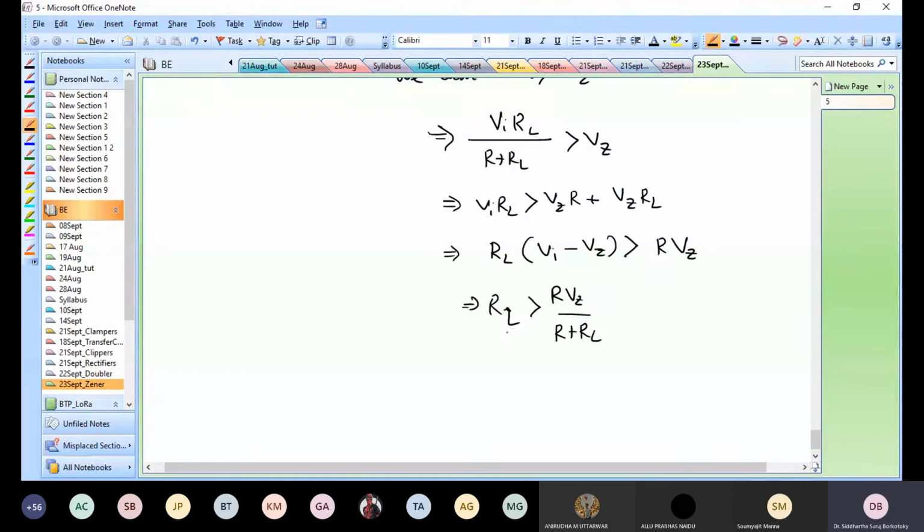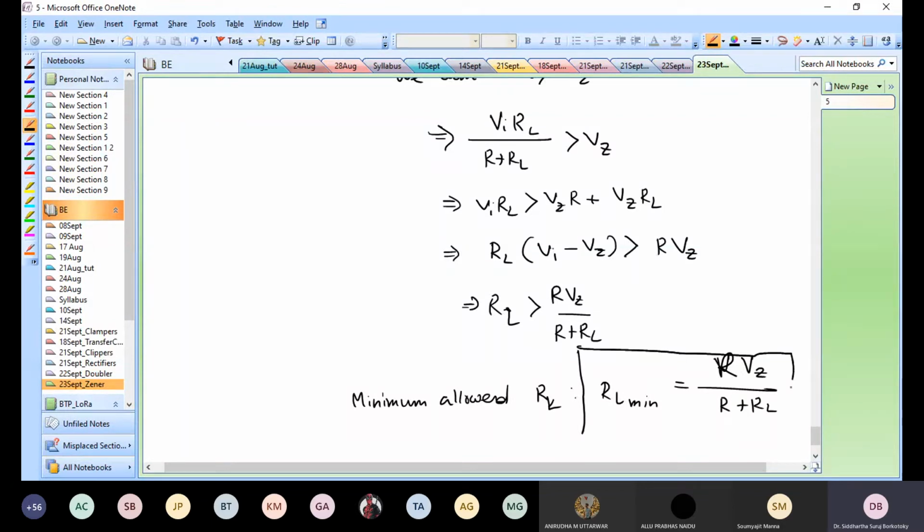So this gives you the minimum. RL should be greater than this. So the minimum allowed RL, RL min, is R Vz by Vi minus Vz. So this is your equation.